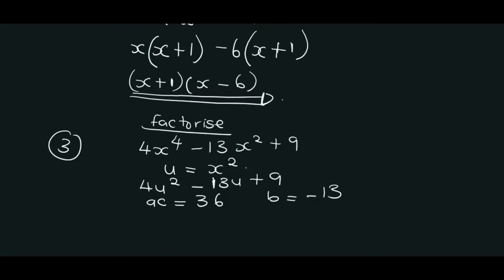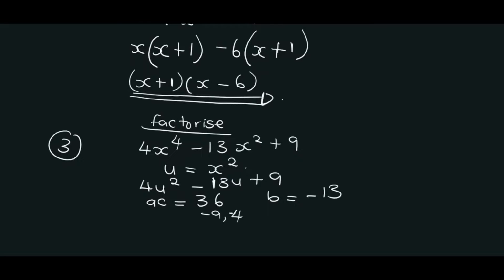What are those two numbers that if we multiply they give us 36, and then if we add they give us minus 13? Those numbers are minus 9 and minus 4, because if we say minus 9 multiplied by minus 4, we get 36. If we say minus 9 minus 4, we get minus 13.